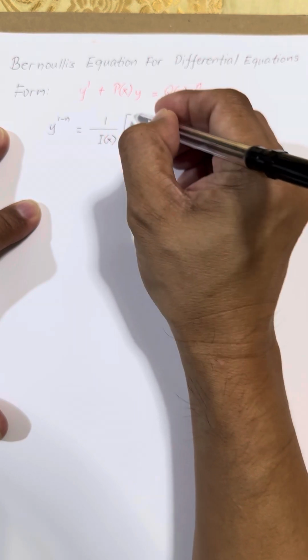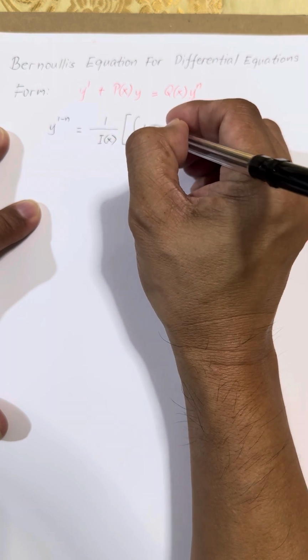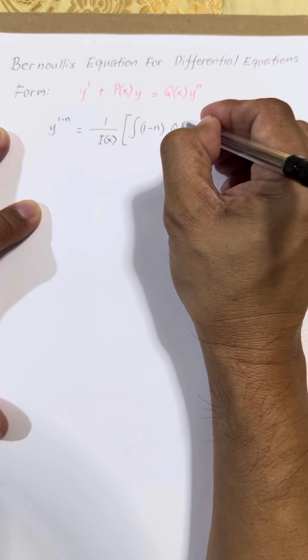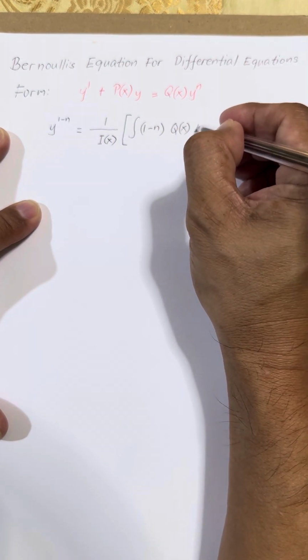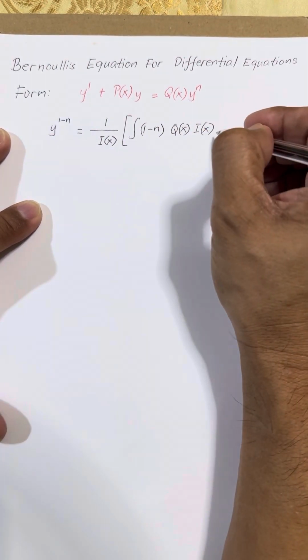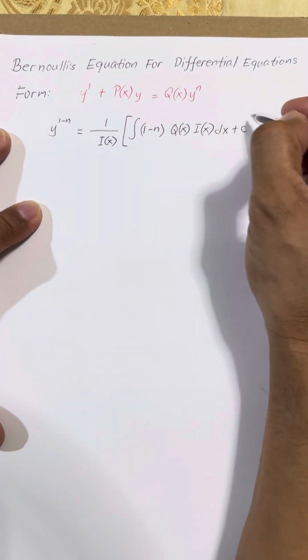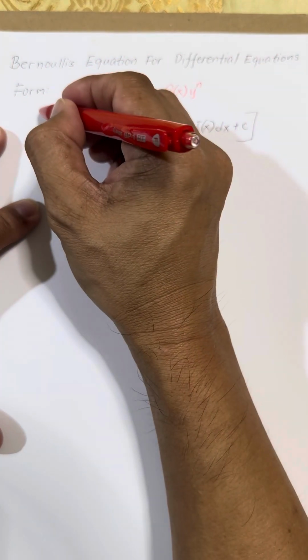So 1 over the integrating factor multiplied by the integral of 1 minus n, then multiplied by the function of x, this one, q of x, multiplied by the integrating factor I of x multiplied by dx plus c. So this is the general form of the solution of the Bernoulli equation.